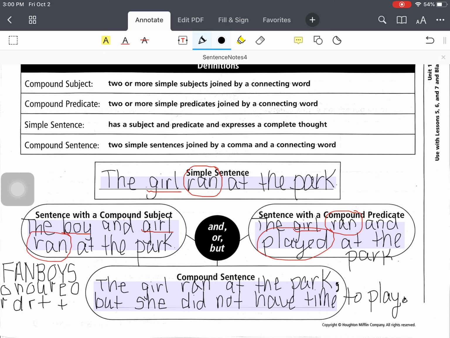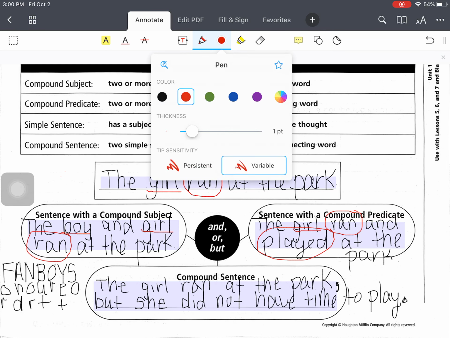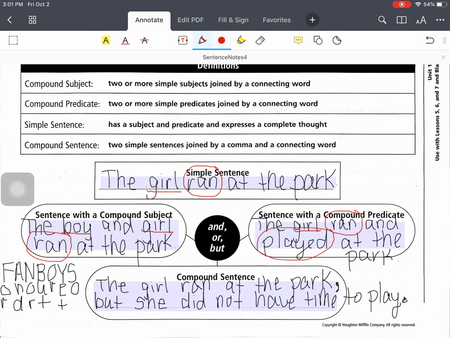All right, now, so I'm going to go ahead and look at these two simple sentences. So my first sentence, I have to ask who or what is the sentence about? So what's my subject? And my first sentence, the girl ran to the park. My sentence is about the girl. And what did the girl do? She ran. Okay, so that's a simple sentence. And then I have my comma and my conjunction, but.